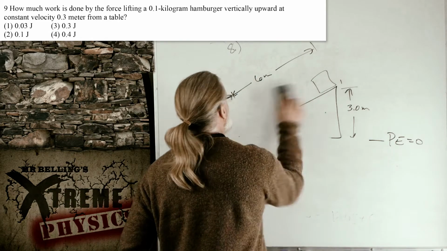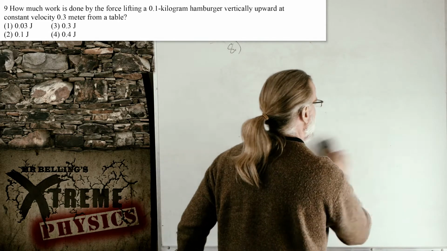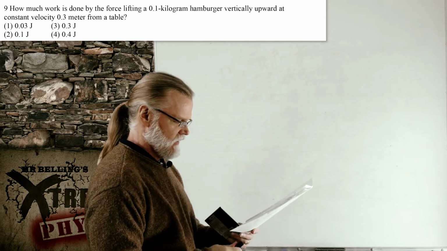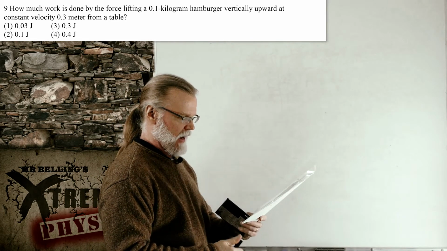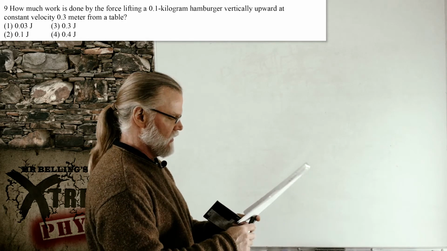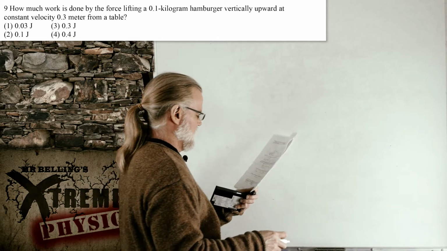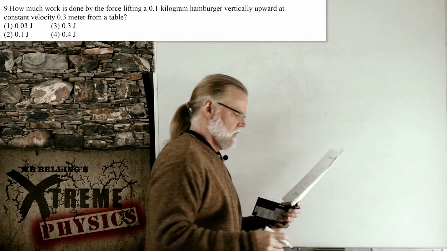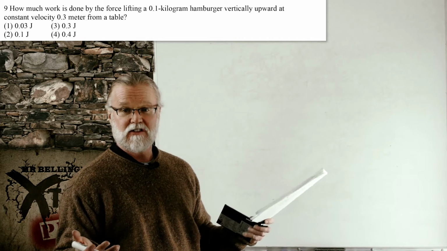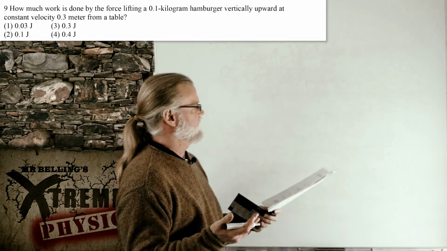Number 9. How much work is done in lifting a 0.1 kilogram hamburger vertically upward at a constant velocity, 0.3 meters from the table? How much work is done? Work always increases the energy of the system.